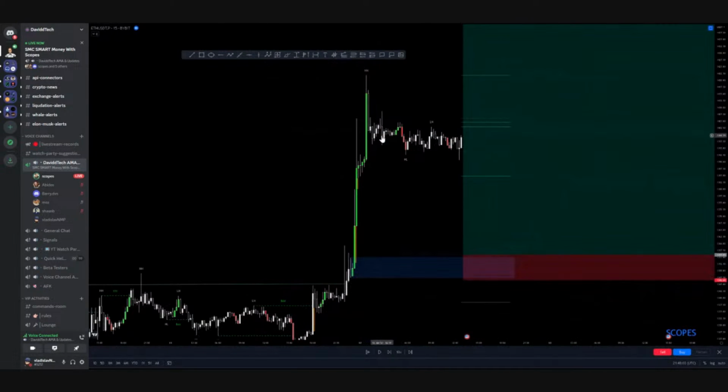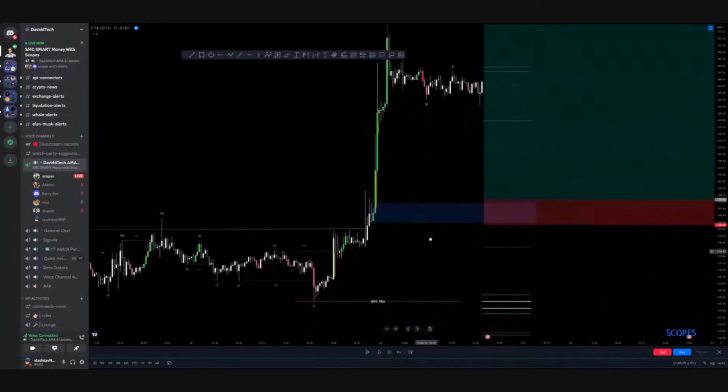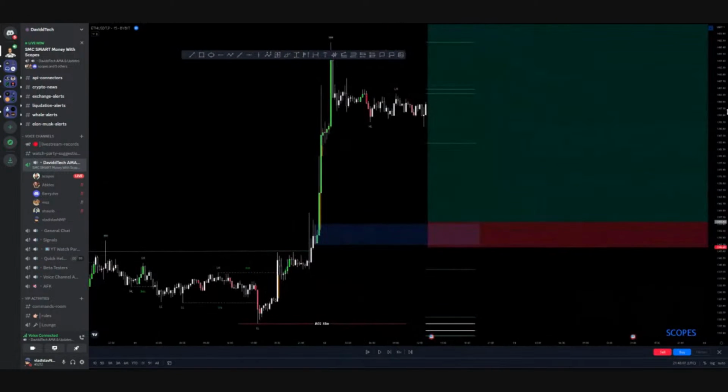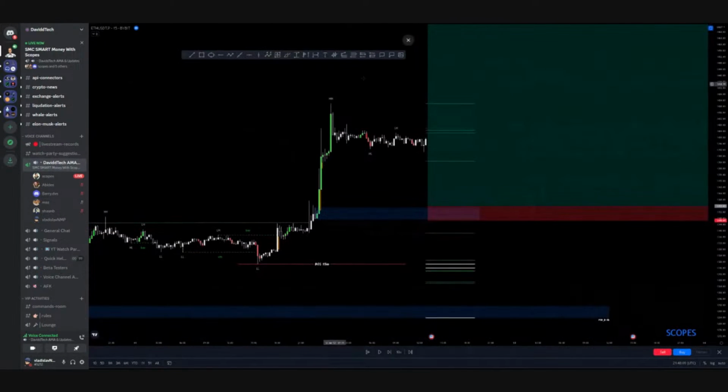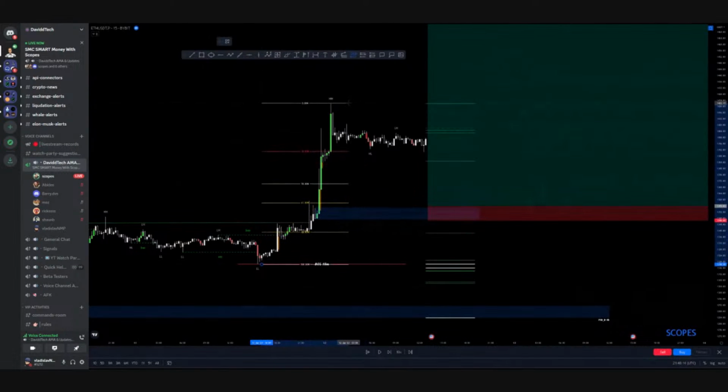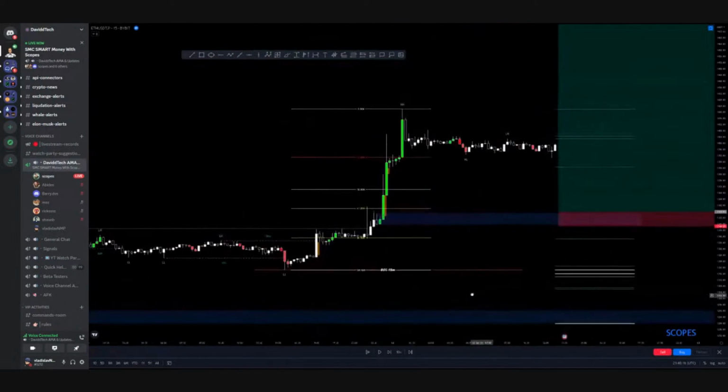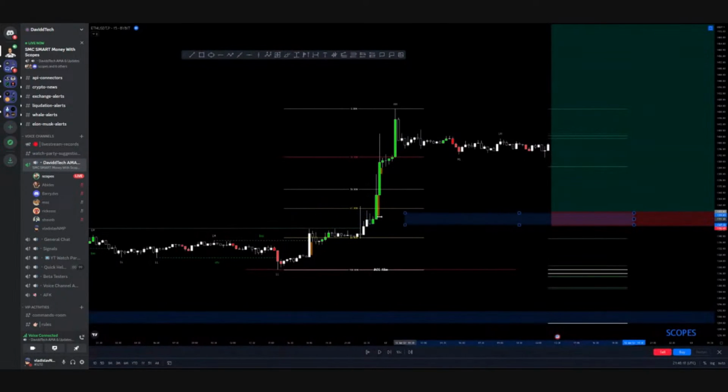So when you start seeing this coming down, then you can use the Fibonacci tool, and here you have a candle, this one here.